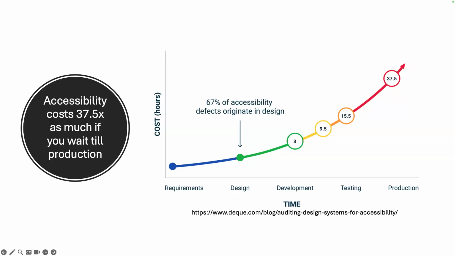But if you ignore that test and wait until you get to production, then someone tells you, you have low contrast colors on your page and you need to change them. Then you have to contact your design team and they have to decide which colors to use. Then you have to go to the dev team and they have to go through all the code. The idea here is that it takes a whole lot more time to fix something than if you just did it right in the beginning, when it would be really easy and quick.